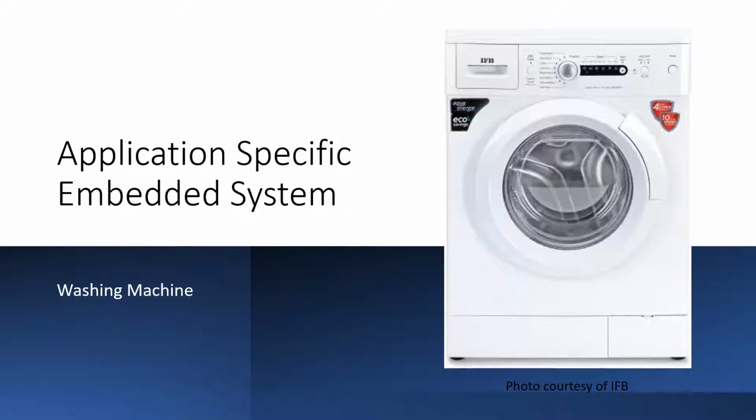So in this video we are going to look into such an application specific embedded system, as I told, washing machine, which is a typical example for that, and I will try to throw some light into the features and the embedded players working behind washing machine.